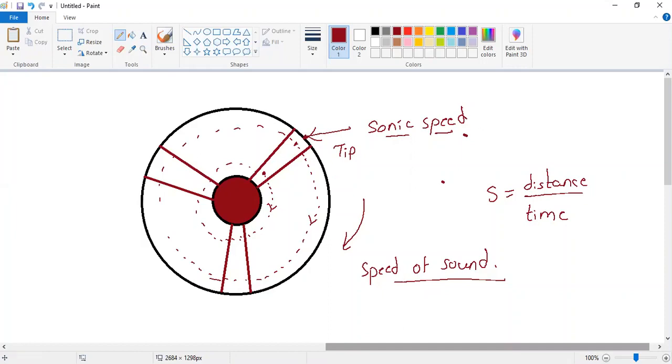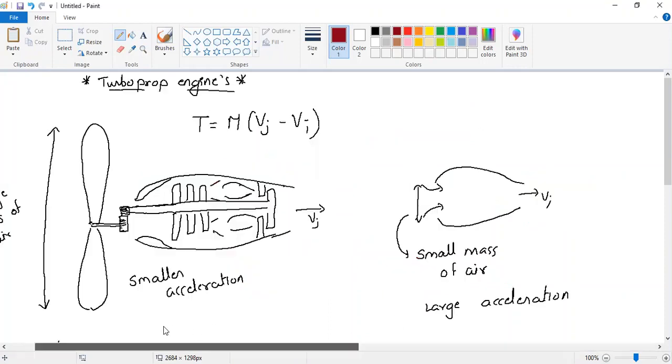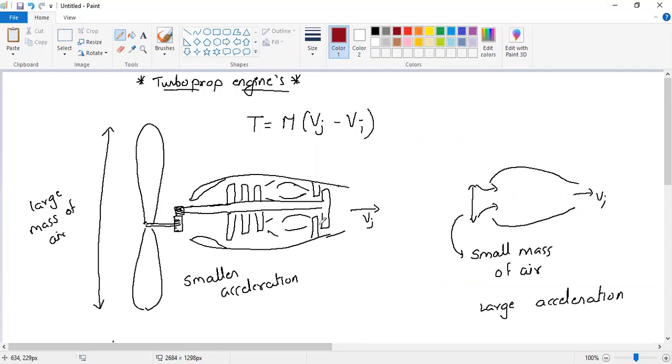But if we reduce the speed, our compressor will also not rotate, right? So I want the compressor to rotate at a larger speed, but I want the propeller to rotate at a smaller speed, at a lower RPM. To make it a lower RPM, you require this gear mechanism.